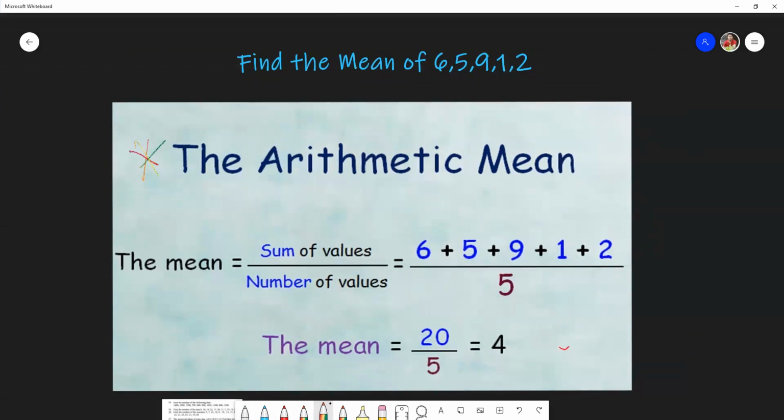So here you can write the sum of the values. Sum of the values means the sum of the numbers, the sum of the data, the sum of the scores of the students, and the number of the data. Clear? Yes. So did you complete this maths? Yes, sir, completely.